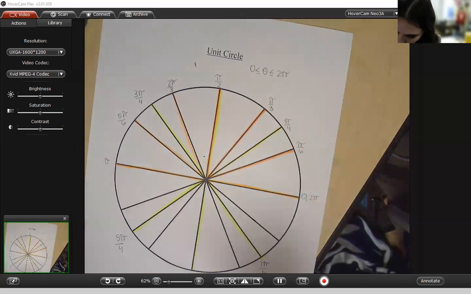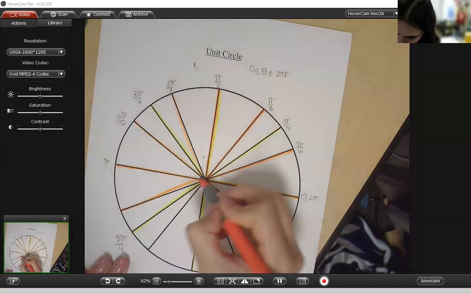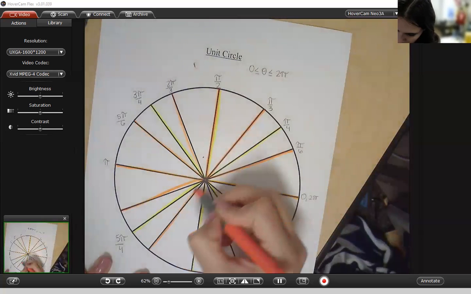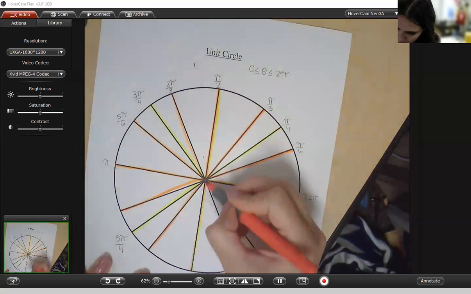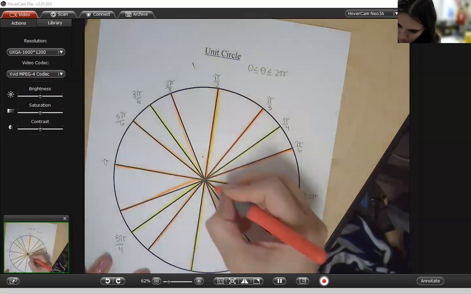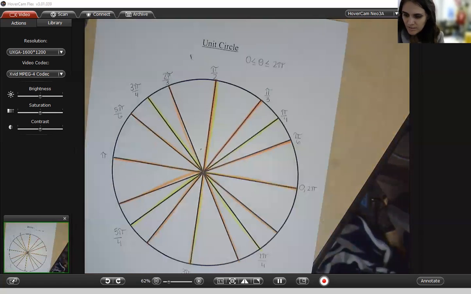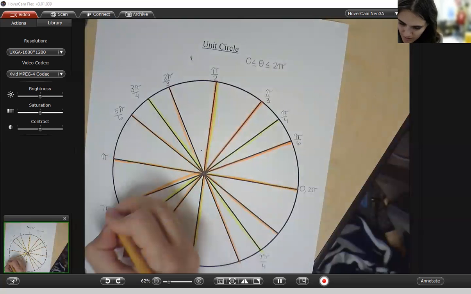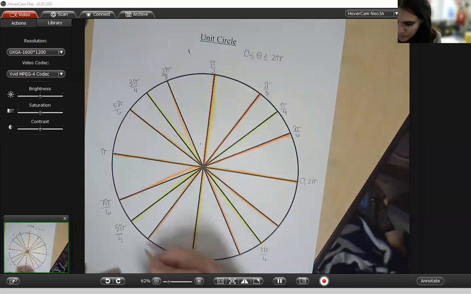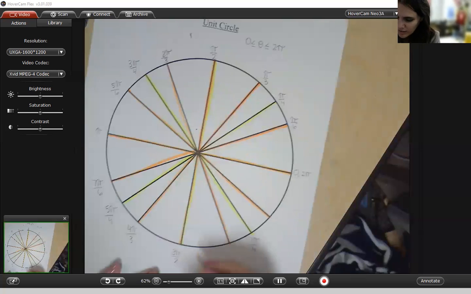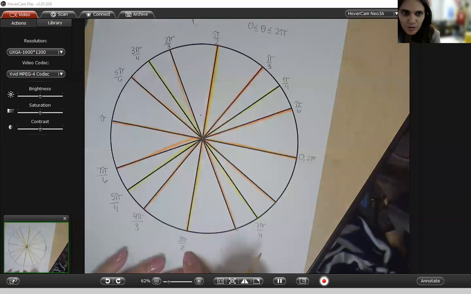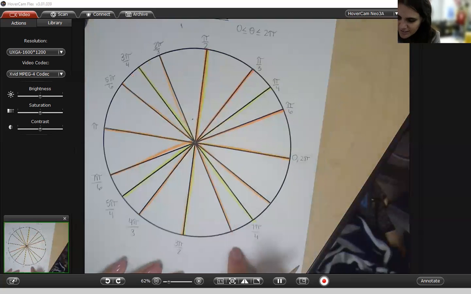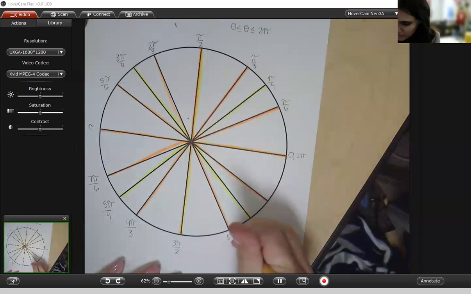And if I continue it out, 7/6, 8/6, 9/6, 10/6, and 11/6. So I said 6 pi over 6. This one was 7/6, 8/6, which is going to be 4/3, 4 pi over 3. 9/6 is 3 over 2. 10/6 is going to be 5/3.